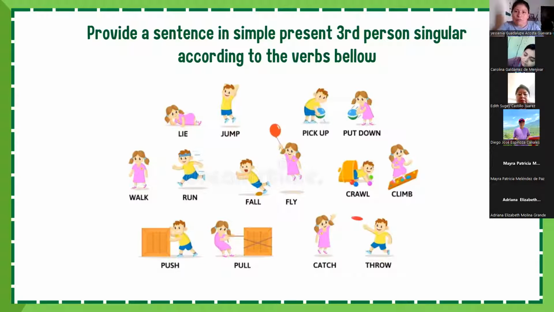I'm sorry, can you repeat? She lies to her brother. Okay, Yesenia? He crawls on the floor. Okay. Suhey? She catches the balloon. Balloon, okay. Diego, go ahead.